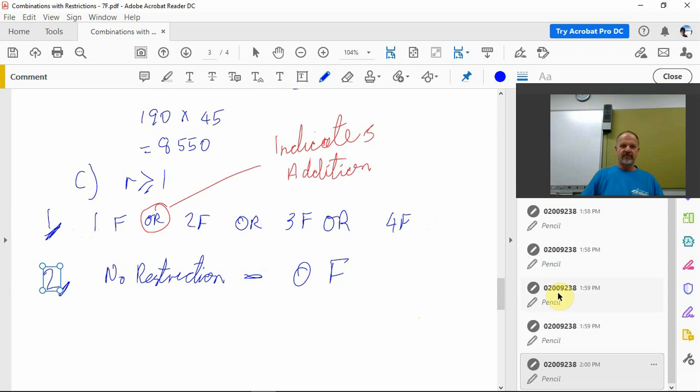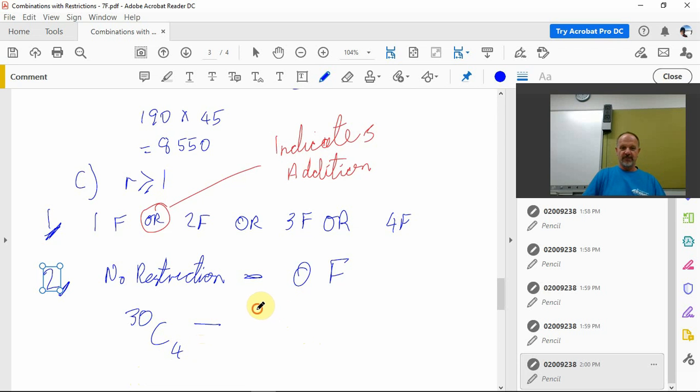All right, so the second approach, no restriction. Well, there's 30 people and we're choosing 4, minus no females.